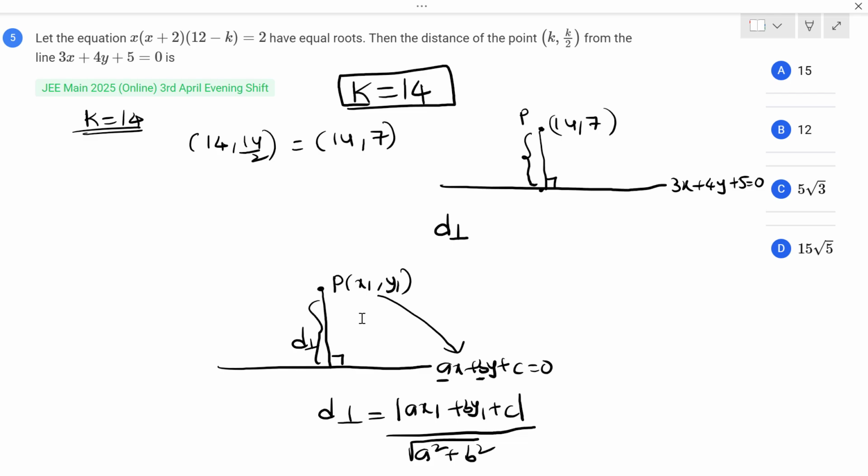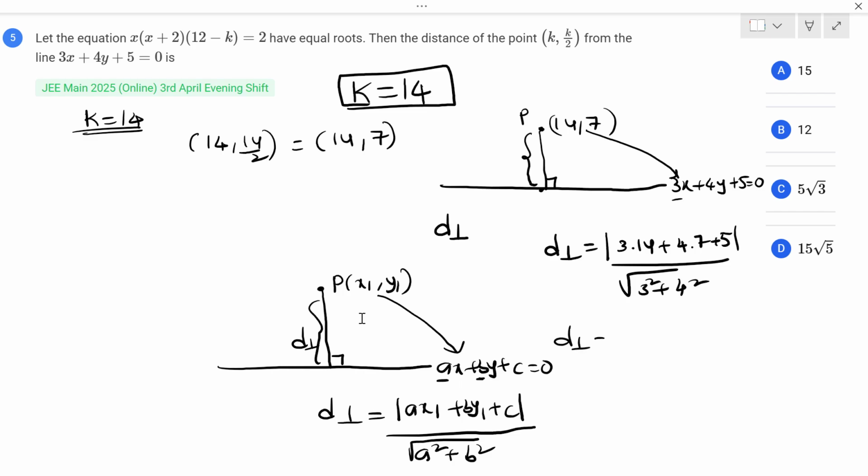That is the formula. Now if I apply the formula here, d perpendicular is equal to, substituting the point, modulus of 3 into 14 plus 4 into 7 plus 5 divided by the square root of 3 square plus 4 square.